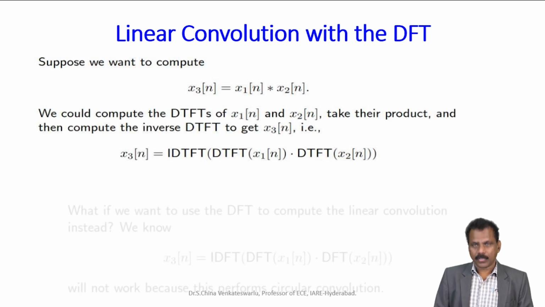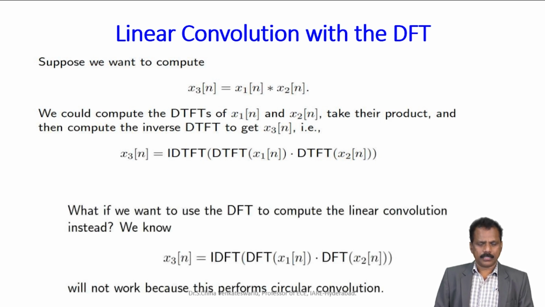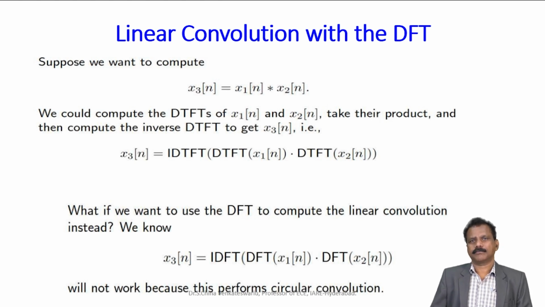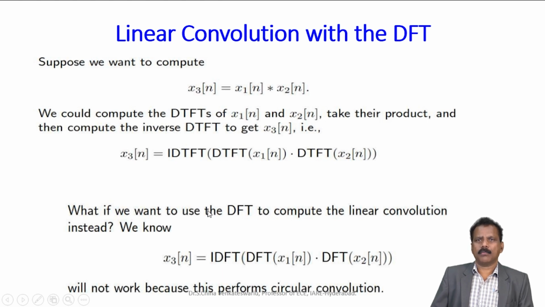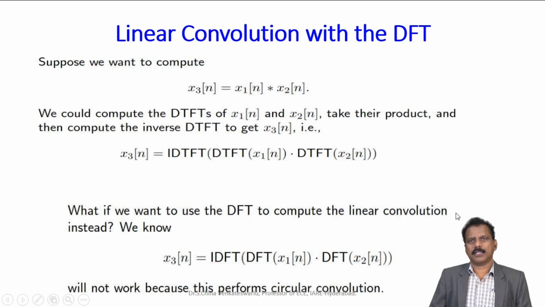So what if we want to use the discrete Fourier transform to compute the linear convolution? We know x3 of n is equal to the inverse DFT of the DFT of x1 of n times the DFT of x2 of n. Compare this value and this value. We have to follow how the DFT computes the linear convolution.